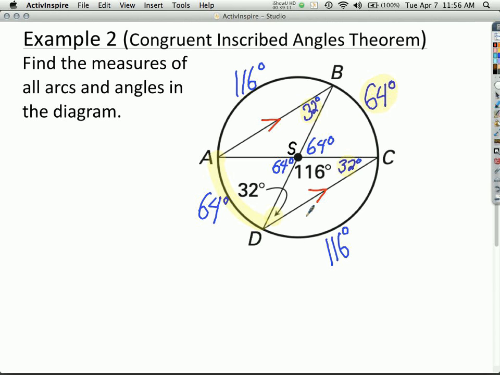Why? Because the alternate interior angles converse. That's right. Alternate interior angles converse. If this angle is congruent to this angle, then the two lines must be parallel. Very good. Ania.